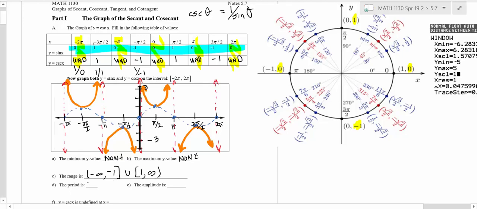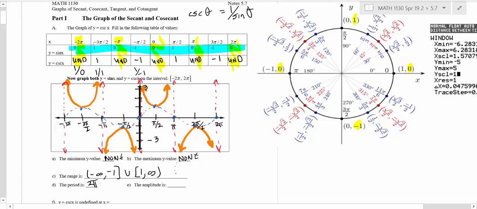Okay, the period is 2 pi. Again, the period is defined by 3 asymptotes and the U going up and the U going down. So your 5 key points go like this: asymptote, then that, asymptote, that, like that. So you got 1, 2, 3, 4, 5 key points. All of your trig functions have 5 real important points to them.